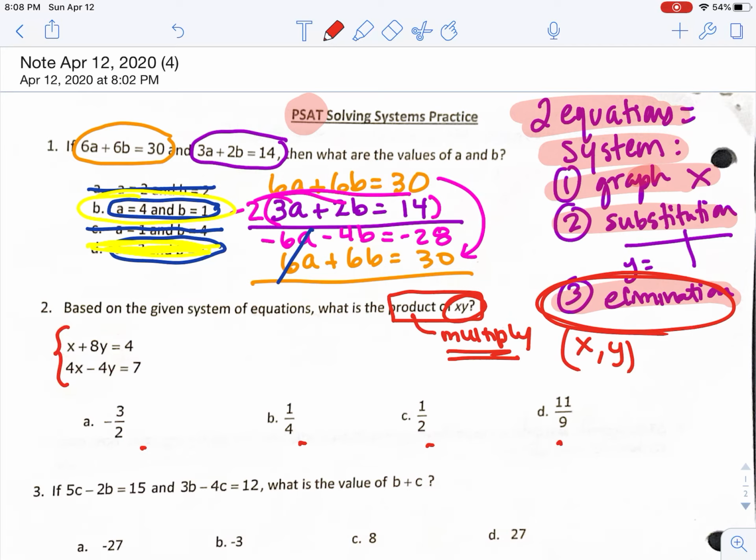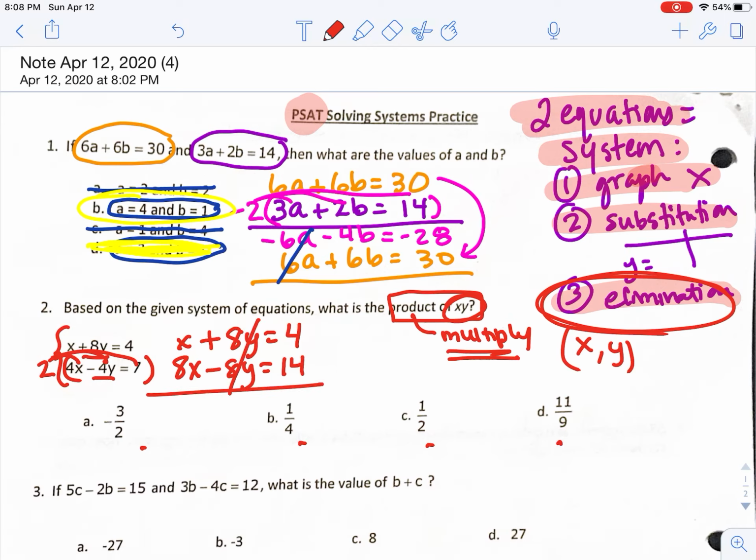I would probably, I don't know, you could do a couple things. You could multiply the top by -4, but since I see a positive and a negative here, I'm just going to multiply the bottom by 2, and then the y's will cancel. So I'll have x plus 8y equals 4, after I distribute that 2 to everything. Right, my y's cancel. I'll now have 9x equals 18, divide by 9, and x equals 2.